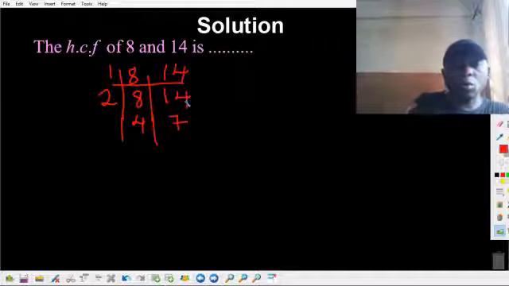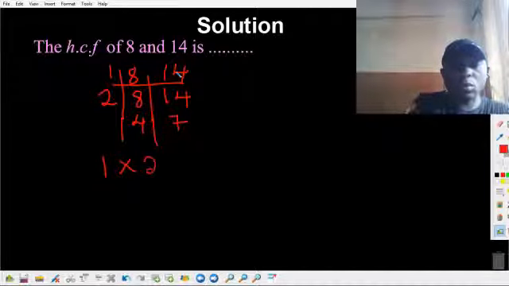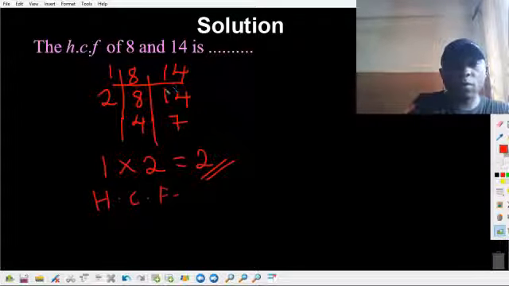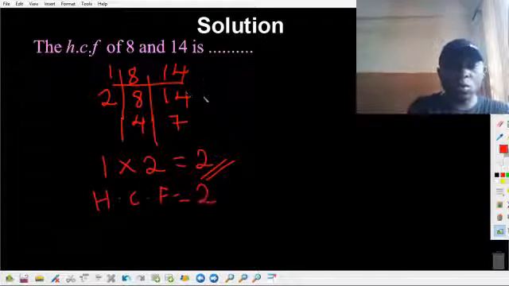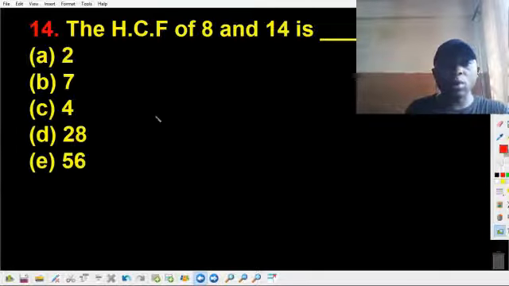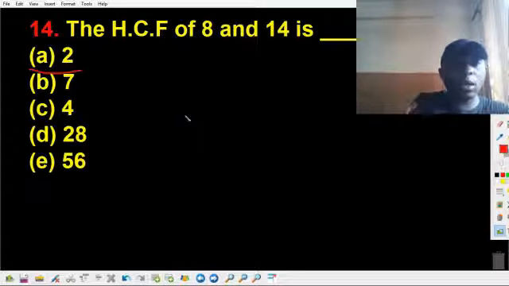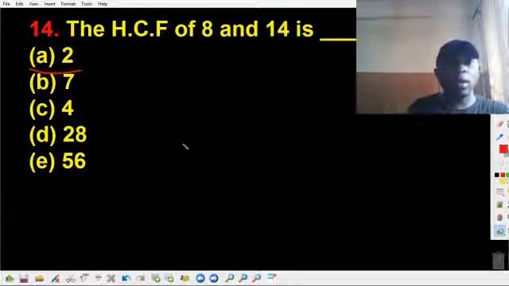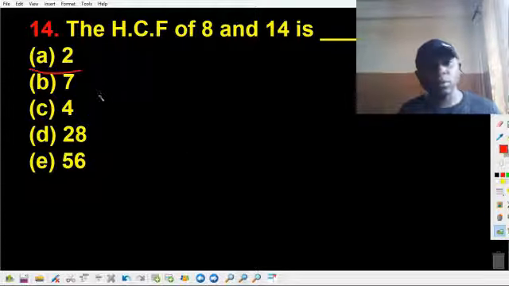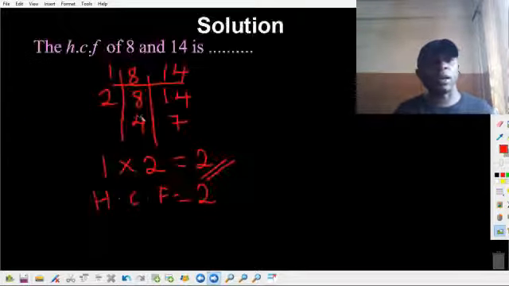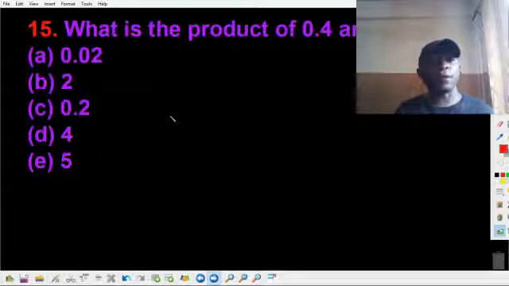So what do we do? We multiply our factors. 1 times 2 equals 2. So our HCF is equal to 2. So what option do we have? We have option A, right? Option A.